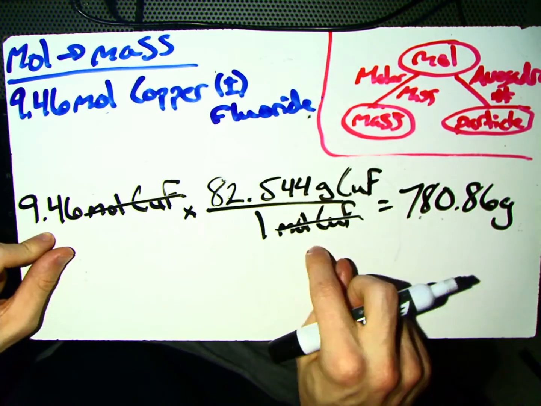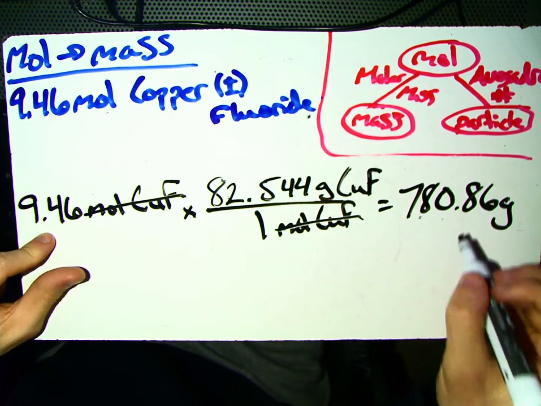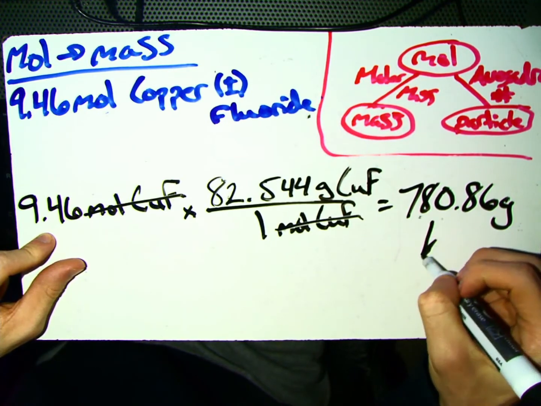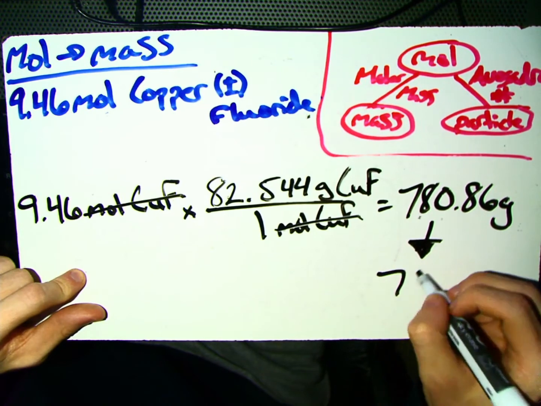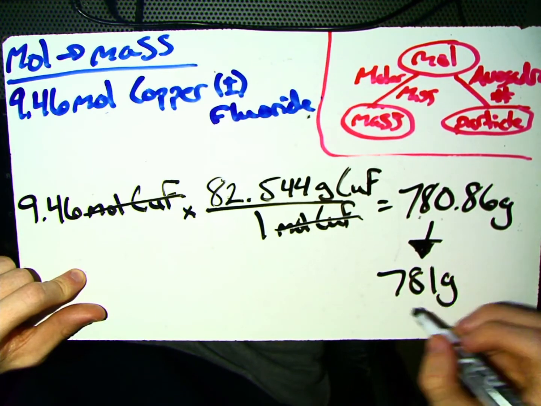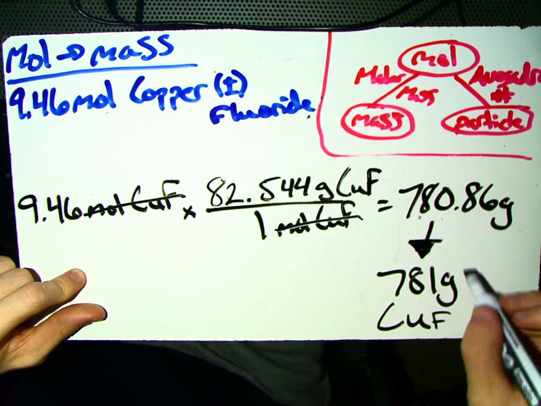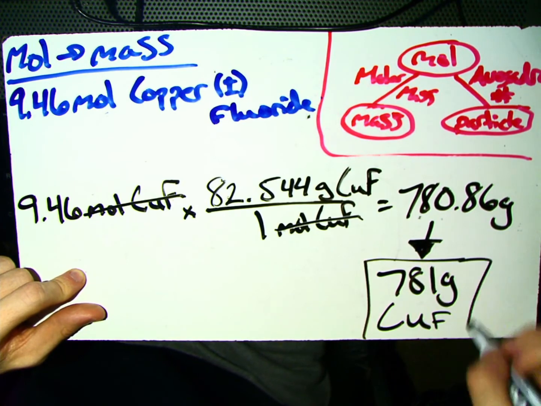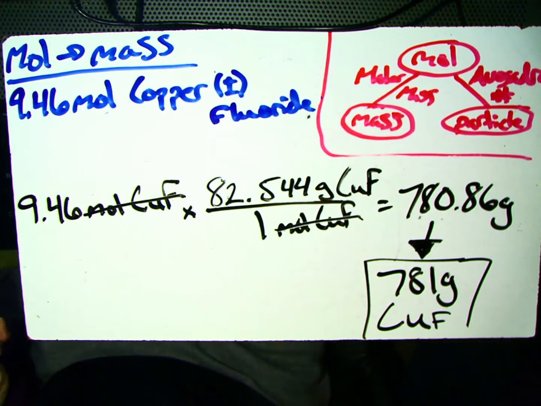We don't count 1 mole CuF as a sig fig. So our real answer, after we round, should come out to 781 grams of copper 1 fluoride. See, it's kind of nice. It's only a single step conversion.